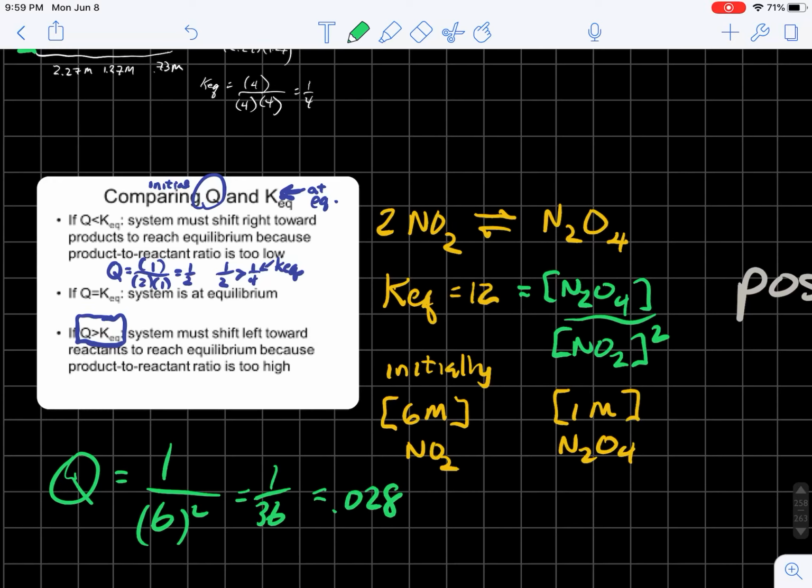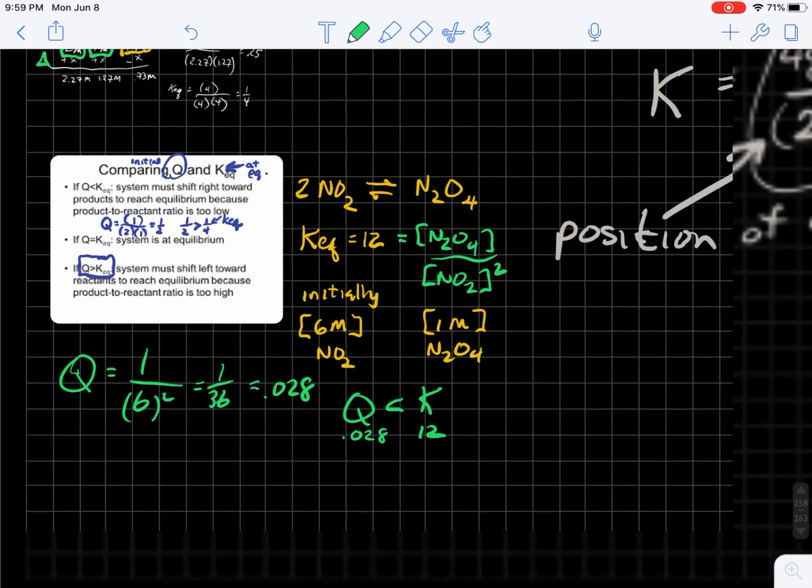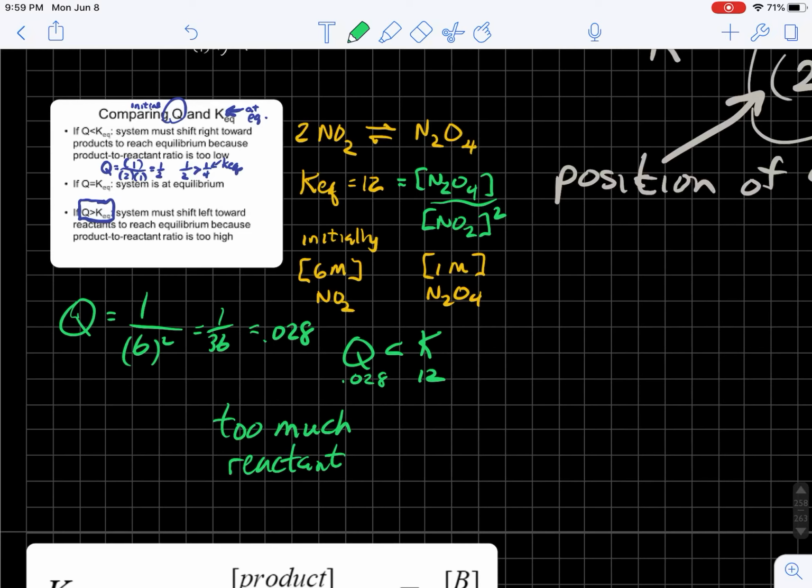Now our KEQ is 12. So in this case, Q, 0.028, is way less than K, which is 12. So if Q is way less, then that means too much denominator. The denominator is the larger value here, and there's just way too much reactant.